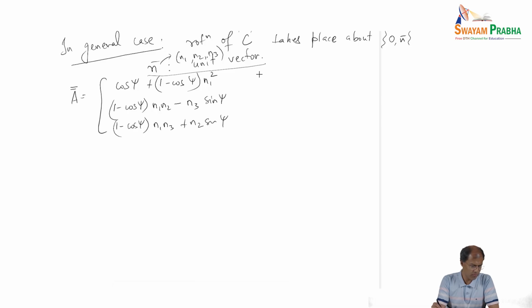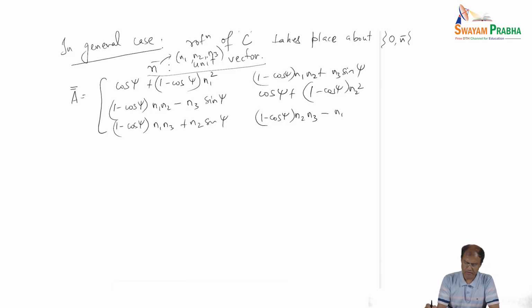The other set of components is 1 minus cos psi n1 n2 plus n3 sin psi, plus the second component is cos psi plus 1 minus cos psi n2 square, and then this is 1 minus cos psi n2 n3 minus n1 sin psi.